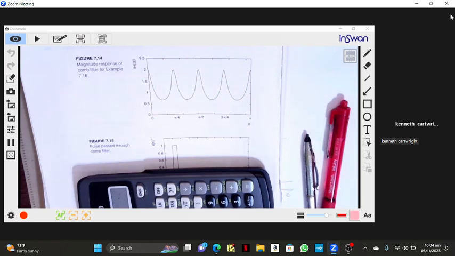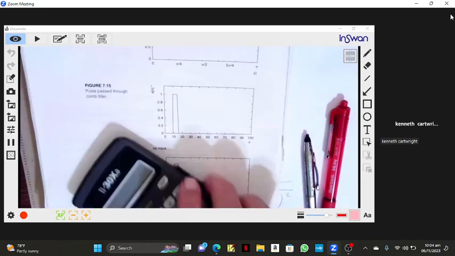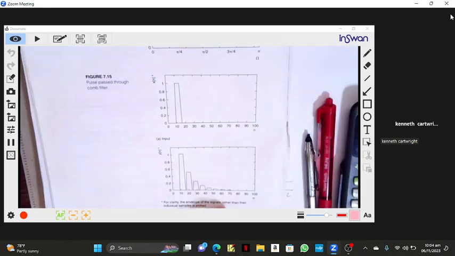If we go down, we'll see that. The middle diagram is our input signal. That's the input to a comb filter, and the output is in the bottom graph.